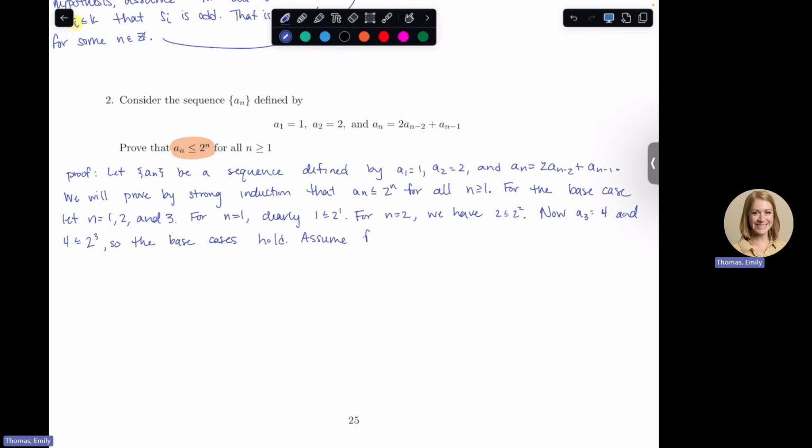Assume for all I with 3 less than or equal to I less than or equal to k, what do I get to assume with the inductive hypothesis?